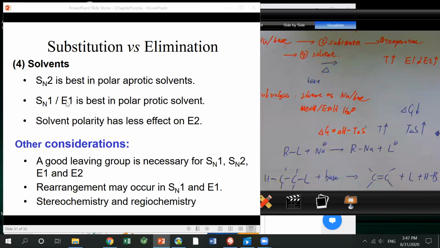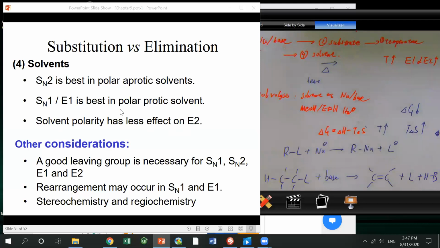E1 and SN1 reactions prefer a polar protic solvent, like water, ethanol, and methanol, because those can stabilize both the leaving group and the carbocation. Solvent polarity has less effect on E2 reactions.